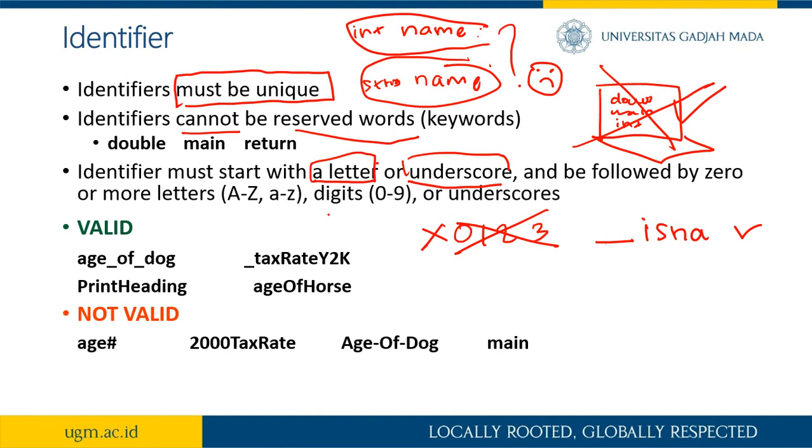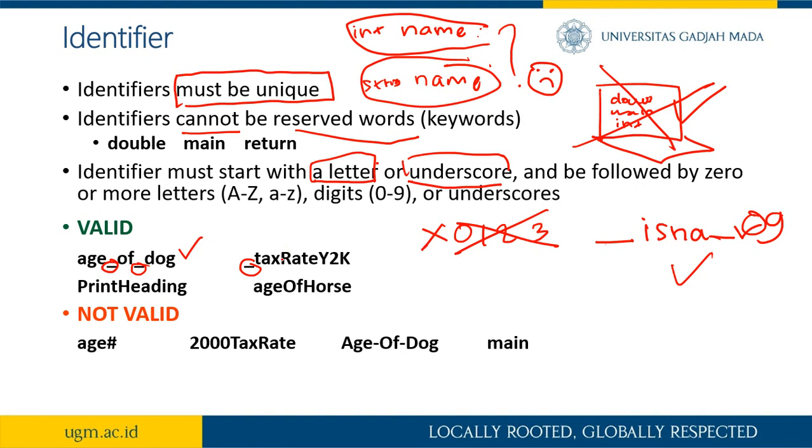And it can be followed by 0 or more letters, digits, or underscores. Like this one, na underscore 09, it's okay. So valid examples are like age of dog, underscore, it's okay, or underscore text rate, or Y2K.